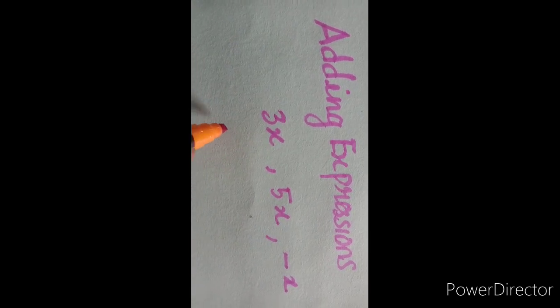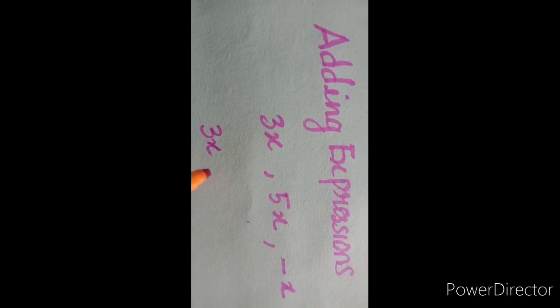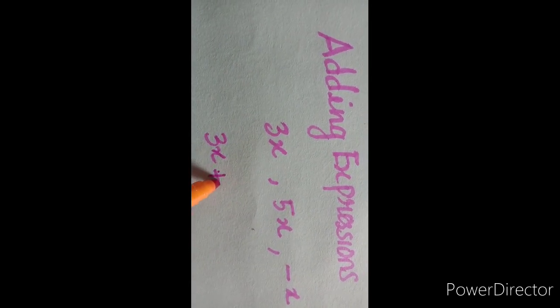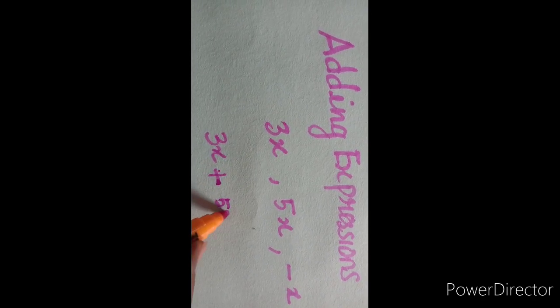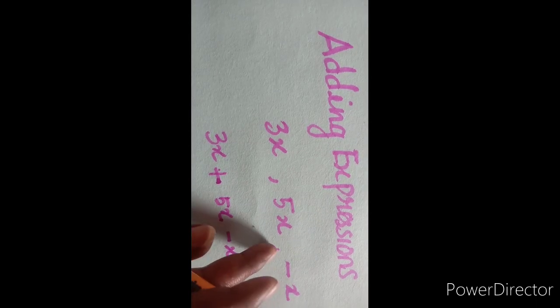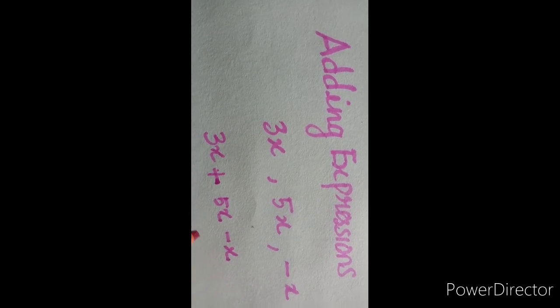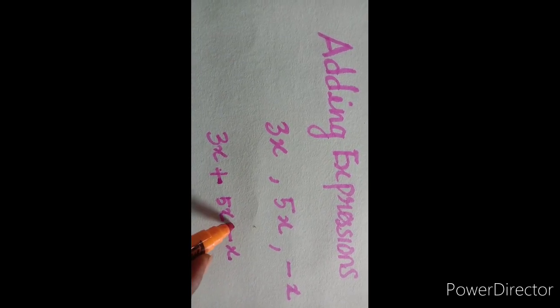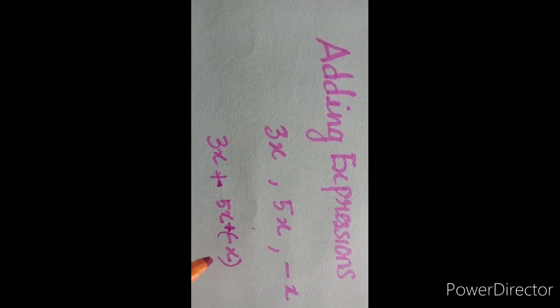You can remove the commas. First 3x, remove the commas and put the addition symbol. Next one is 5x, next one is minus x, because they have given the minus symbol. Or else you can put the addition symbol with minus x.